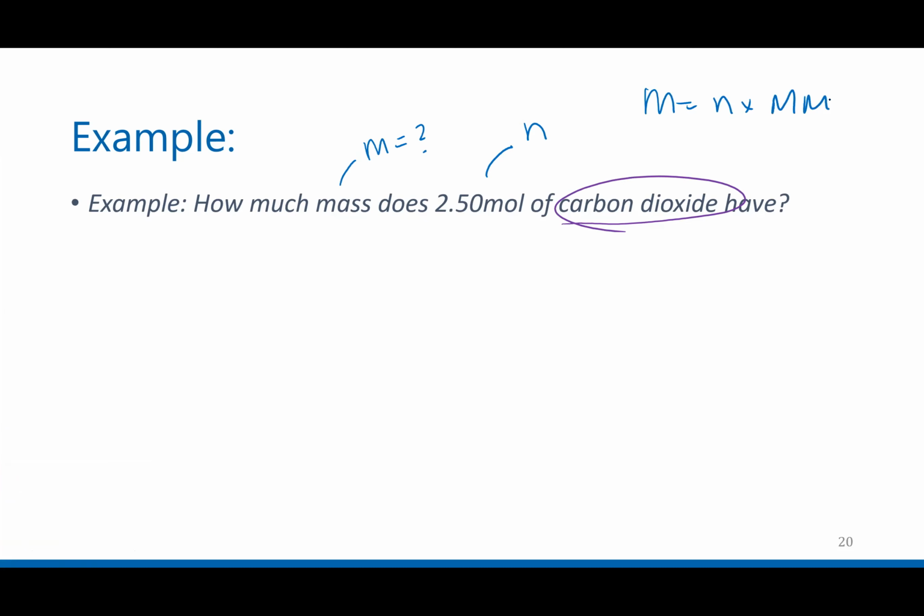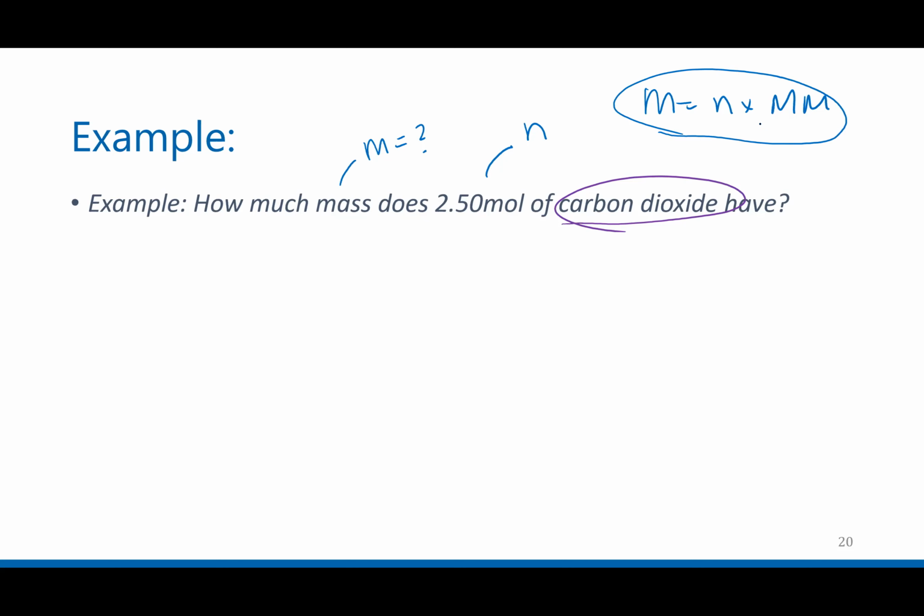If it doesn't mention particles, formula units, anything like that, don't use the Avogadro's number formula. Use this formula. There's only 2 formulas so far. There will be a third by the end of this chapter, but we only need to know 2.